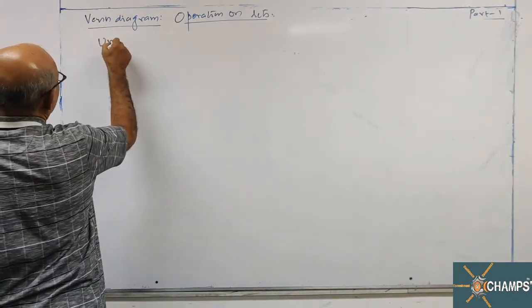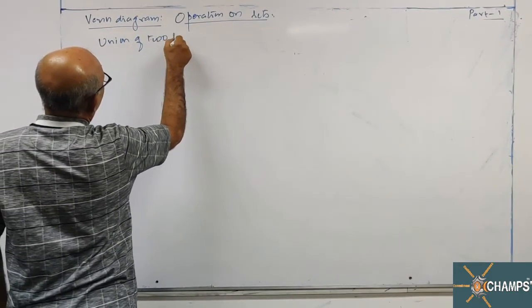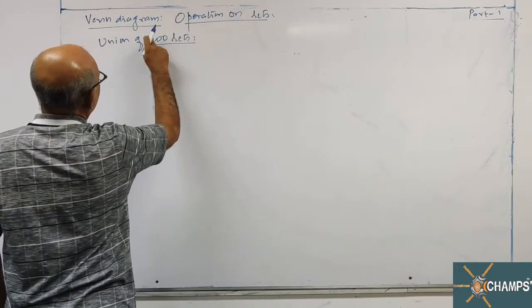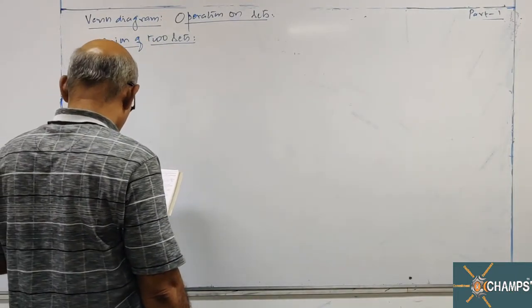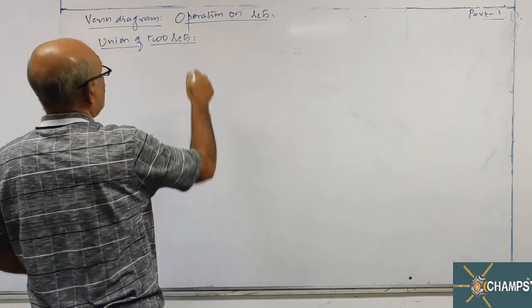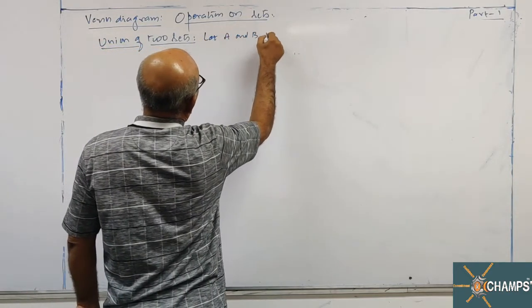First one is union of 2 sets. Let A and B be 2 sets.